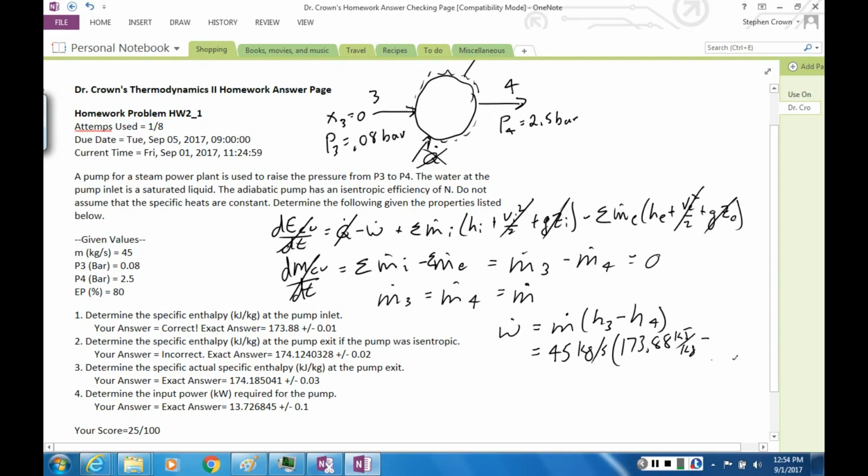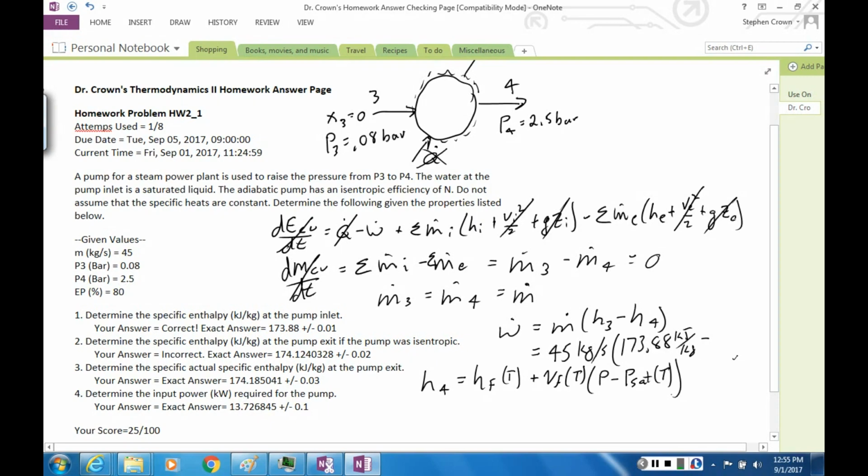Let's look at the saturated liquid approximation. We're going to use the saturation tables to get a pretty good value of the enthalpy for compressed liquid. The saturated liquid approximation is h4 equals h f at the given temperature plus v f at the given temperature times the pressure minus P sat at the given temperature.